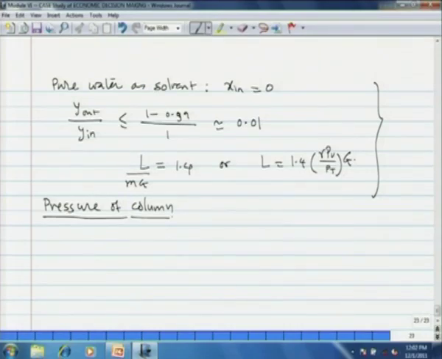However, let us see what consequences the design will have if we change the column pressure. Let us say we increase the column pressure twice. That means, let us say that we make PT as 2 atmosphere.